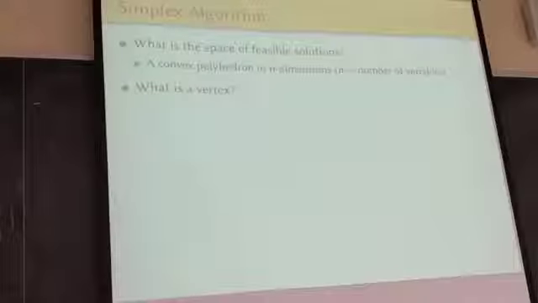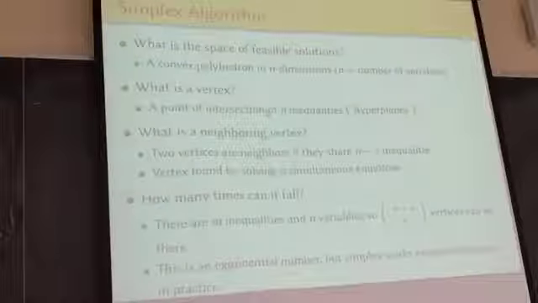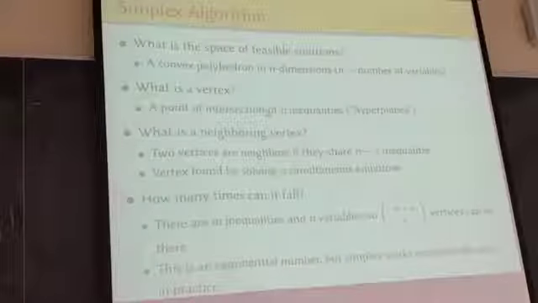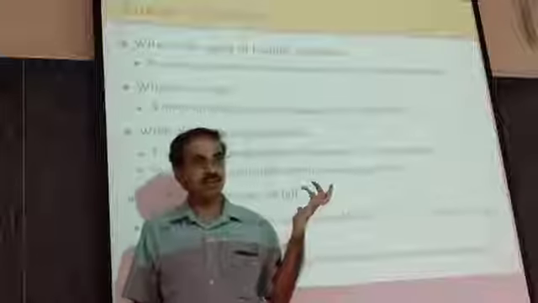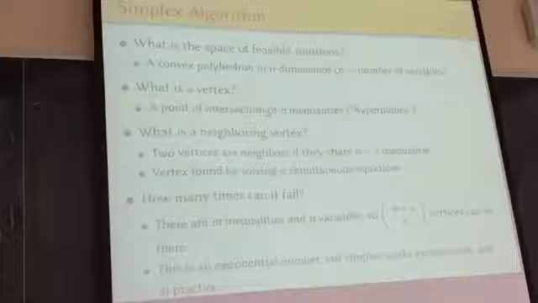So you can show that the number of such vertices is m plus n choose n. If you don't understand why it's m plus n choose n, just think of it as m choose n. That's easier to understand. You have m inequalities. Any subset of n of these m inequalities will correspond to one corner.